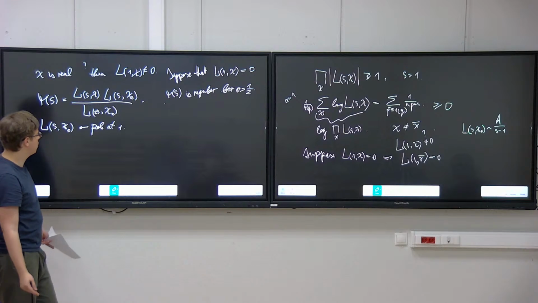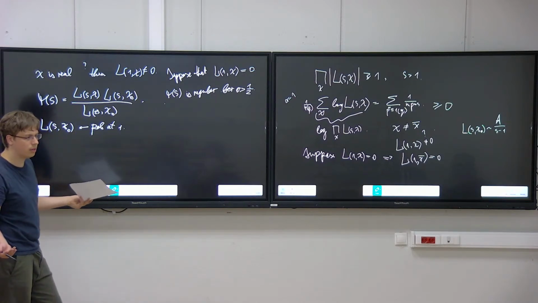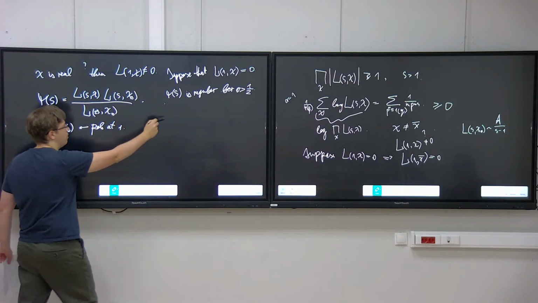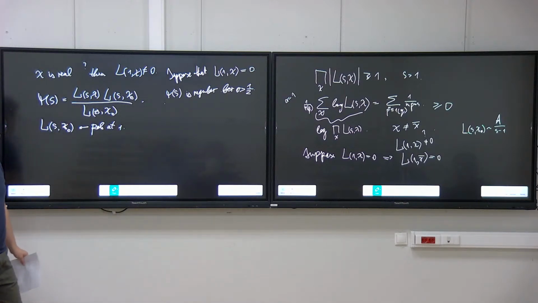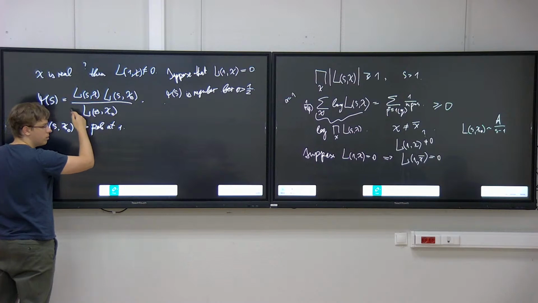There are no zeros of the function with real part of s greater than 1. So this has no poles if sigma is greater than 1/2. If s is greater than 1/2, then this has no zeros.